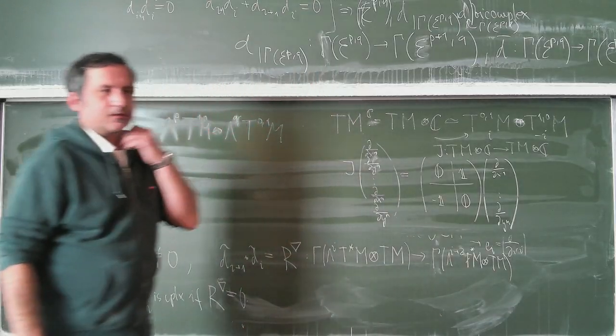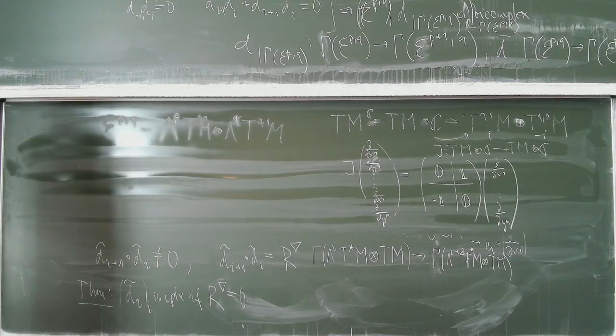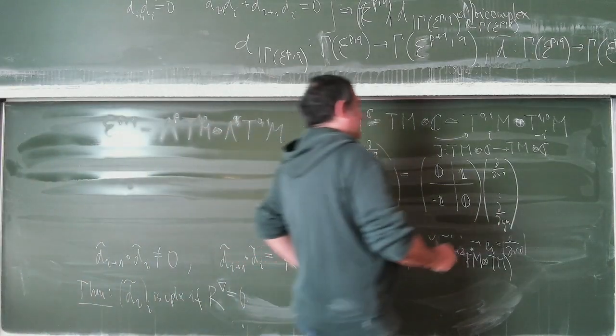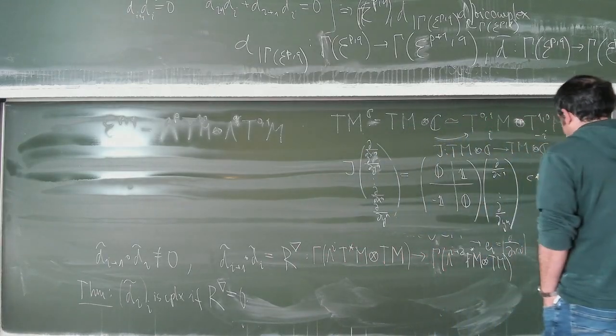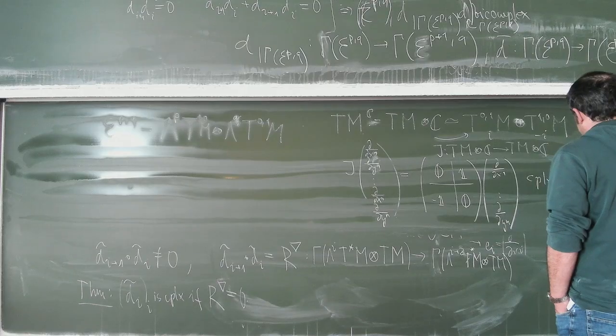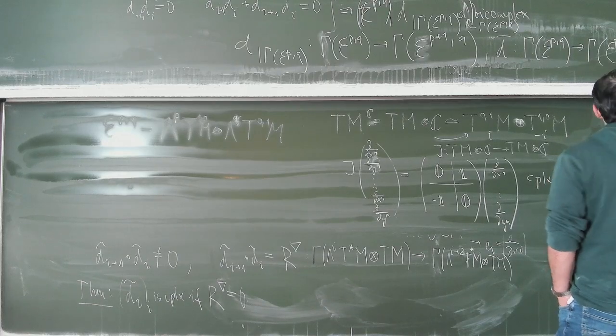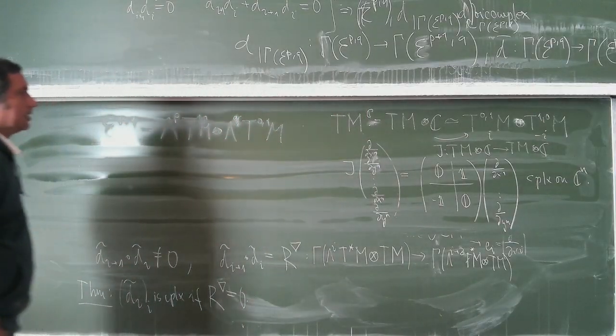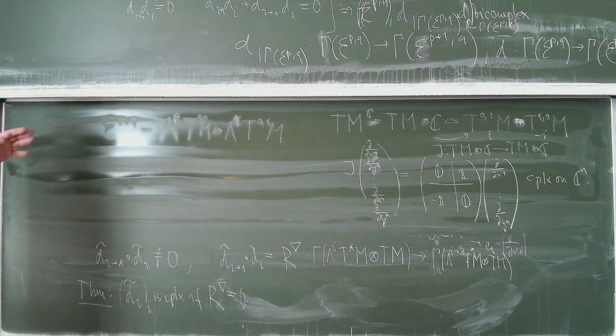There's a complex structure on C^n. Okay, maybe we can get to that further next week.